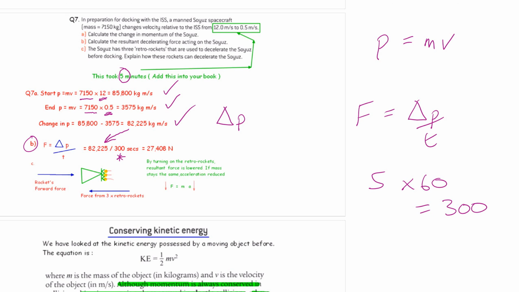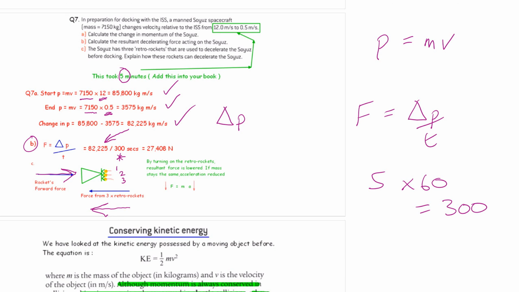Now, question C. The Soyuz has 3 retro rockets. You can see 1, 2, 3 retro rockets. They are firing off in this direction. But of course, the rocket is still moving in this direction here. Explain how these rockets can decelerate the Soyuz.